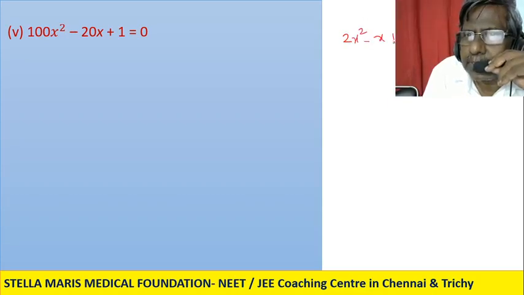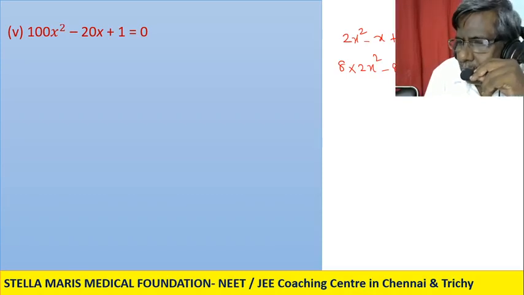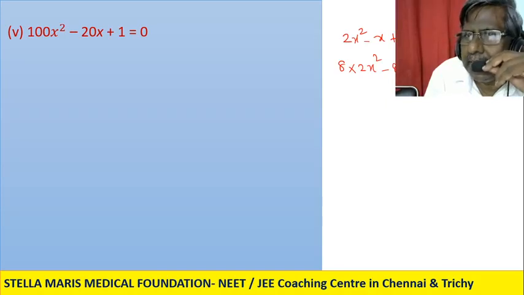2x square minus x plus 1 by 8 is equal to 0. Now, Shivakumar wants to multiply the whole equation by 8. Yeah, that's true. That will be 8 into 2x square minus 8 into x plus 8 into 1 by 8 is equal to 0. See, this 8 will get cancelled.